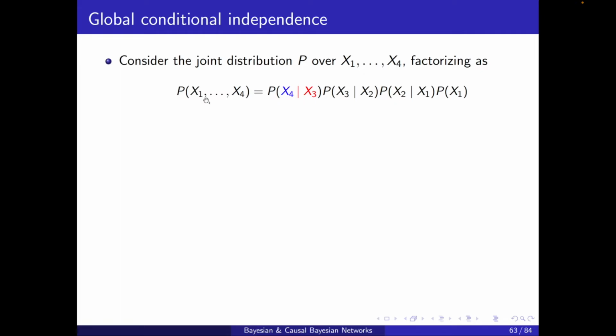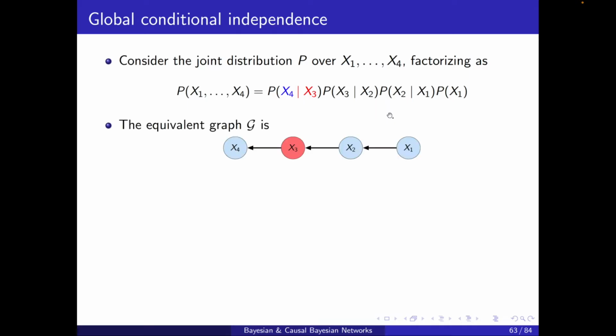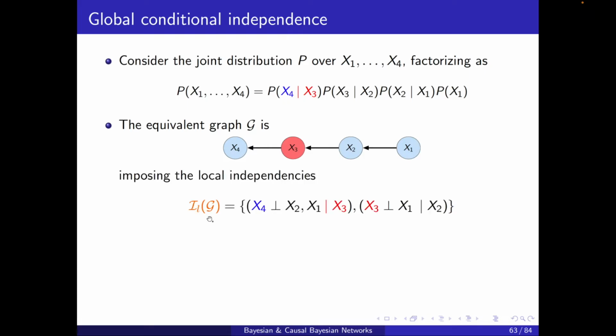Consider this joint probability distribution over x1 to x4 and assume that it's factorized in this way. I can draw the corresponding Bayesian network graph, just from each node, each variable, to its parent, and we will get this simple path. And I can get the corresponding local independencies, ILG.